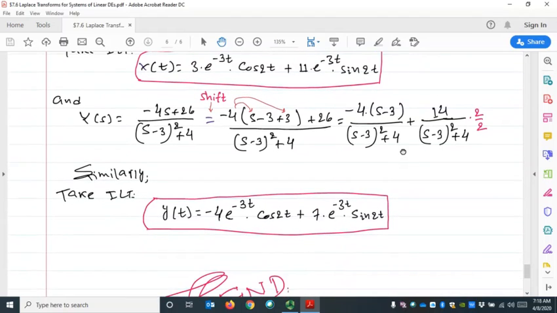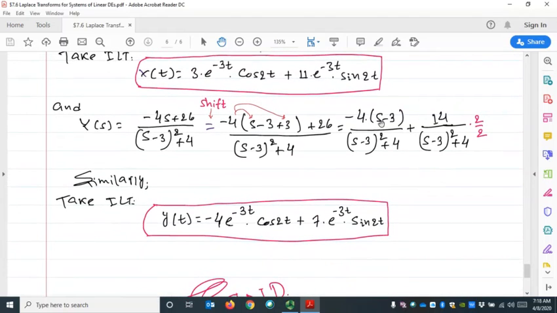So to find the inverse here, first unshift, which is negative 4s over s squared plus 4, which gives you negative 4 times cosine 2t, and modify by multiplying by e to the power negative 3t. So this is the first term.